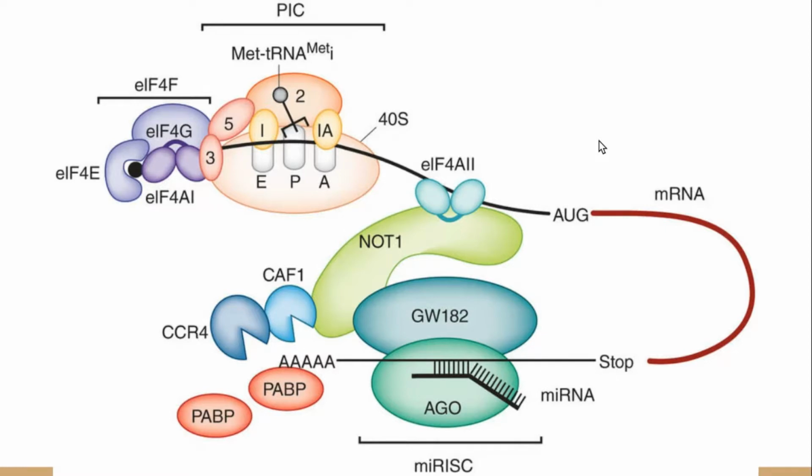And this somehow destabilizes the pre-initiation complex, and it allows the large ribosomal subunit to bind. So I don't want to get into specifics because it's really complicated, and the specifics probably aren't too important, but basically the small ribosomal subunit in conjunction with eIF4F will scan the 5' UTR until it finds this AUG. The methionine tRNA will base pair with the AUG, and this base pairing is what allows the large ribosomal subunit to come in and bind.